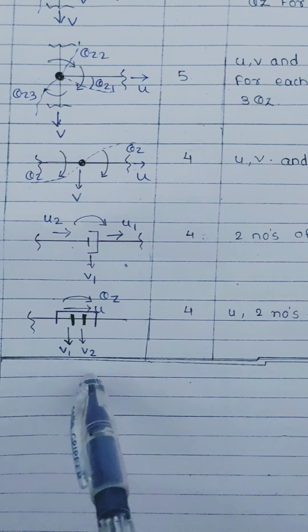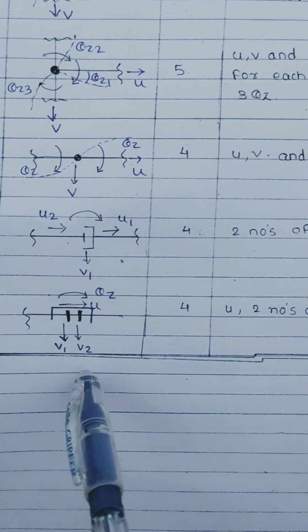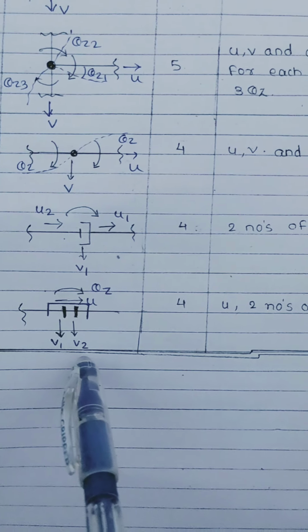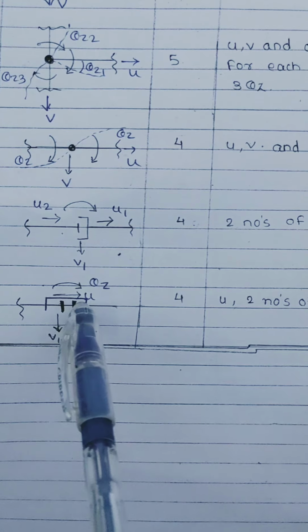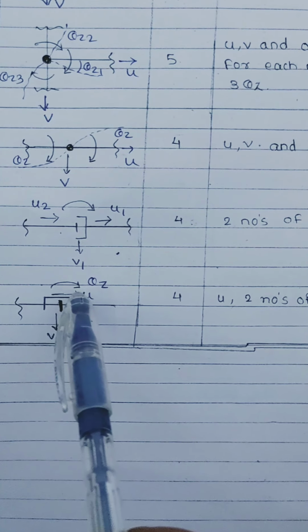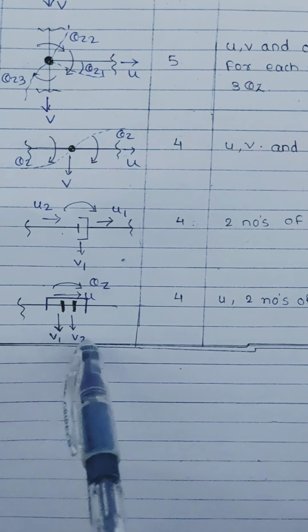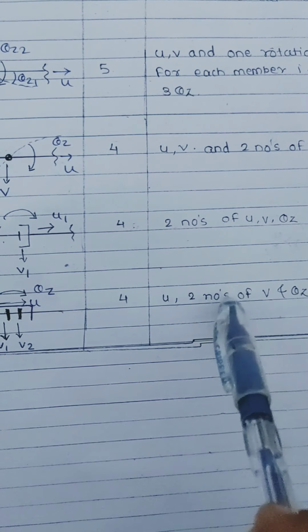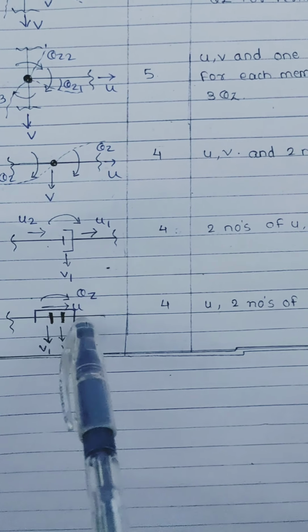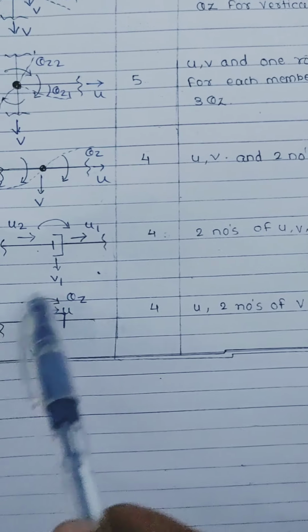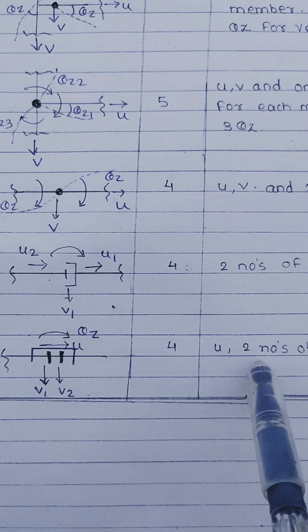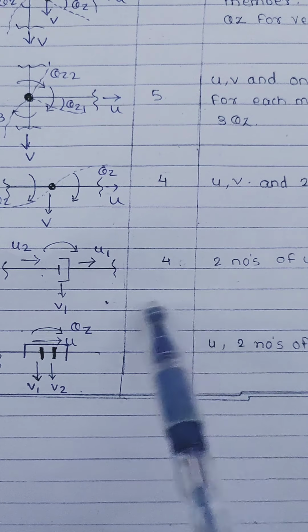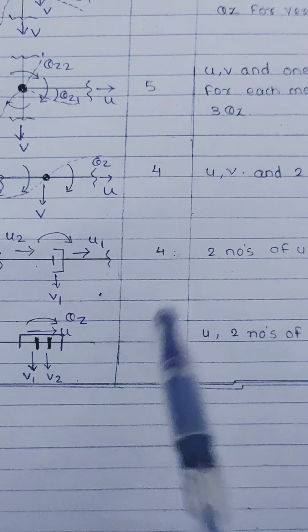V1 and V2 represents the degree of freedom or number of release in vertical direction, but as a whole member there is only one horizontal displacement and one rotational displacement. Hence, two vertical displacements. Here it shows two vertical displacements, one horizontal displacement and one rotational displacement. Means total number of possible displacements or degree of freedom, that is equal to 4.